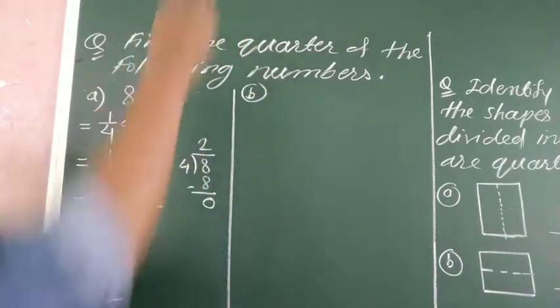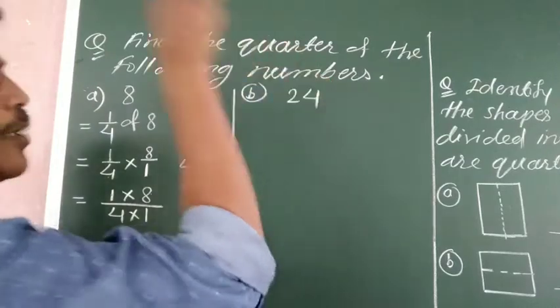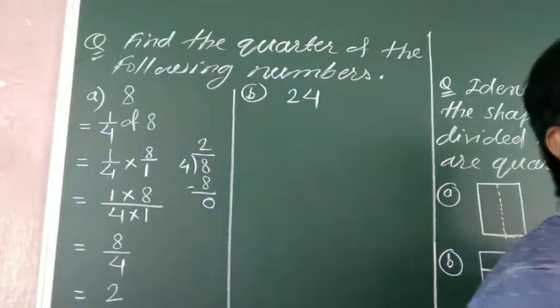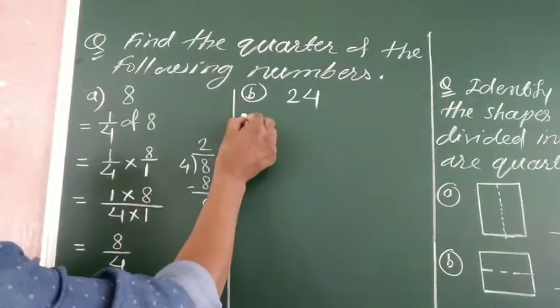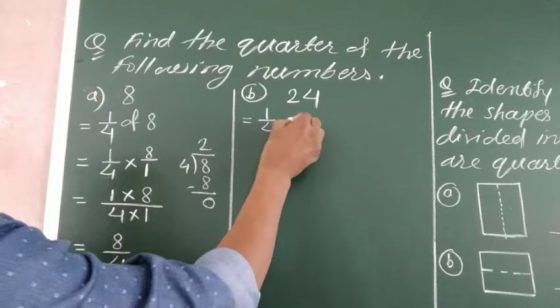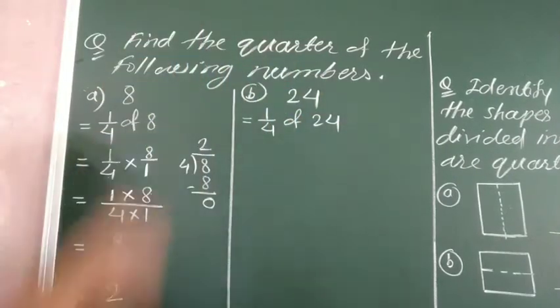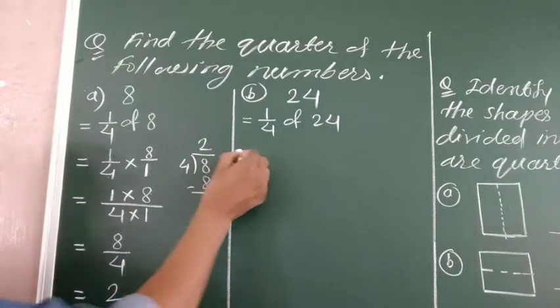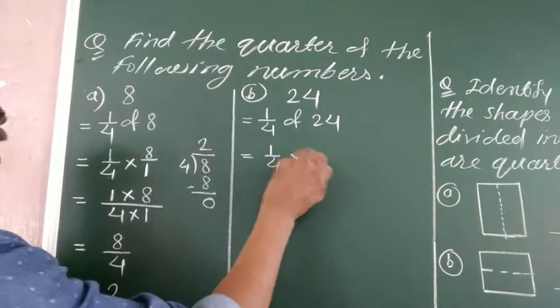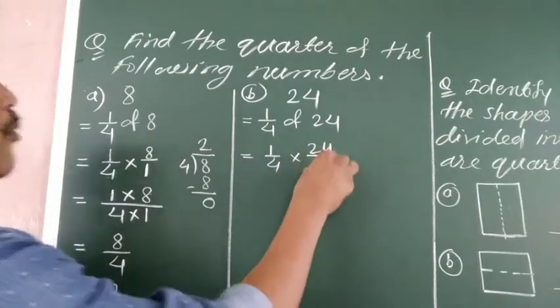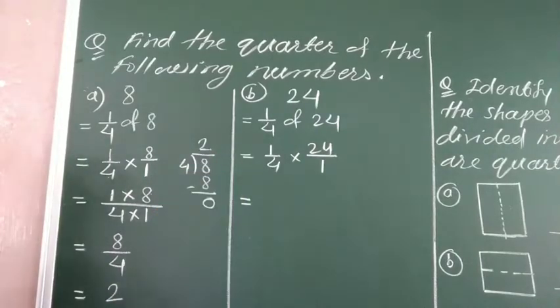Now number B. For example, 24. Now here we have to find out the quarter of 24. The same way, 1 by 4 of 24. 1 by 4 into 24 by 1.